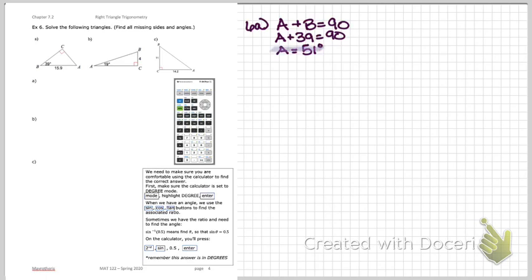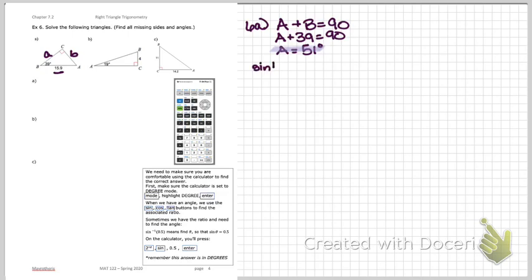Boom. Okay. Next thing we're going to do is solve for side b. So let's remember that we can label the sides opposite the angles with the same letters, just lowercase. And so I have the hypotenuse. The hypotenuse is this 15.9. And so let's see what happens when I set this up.